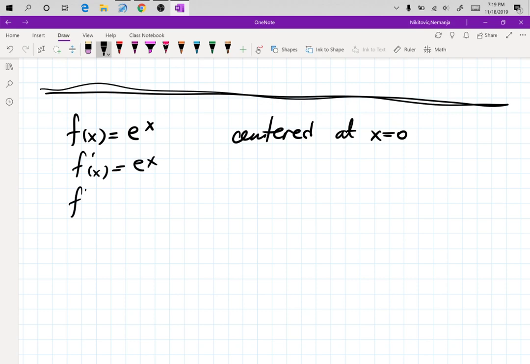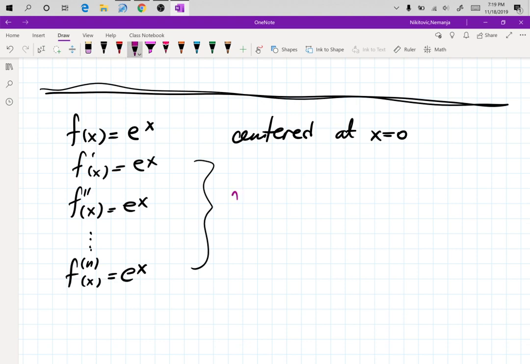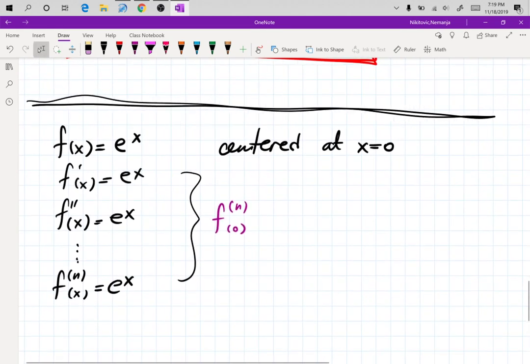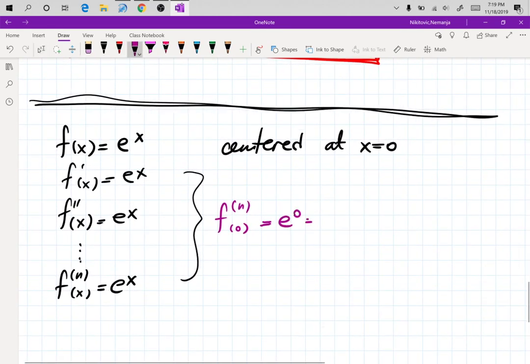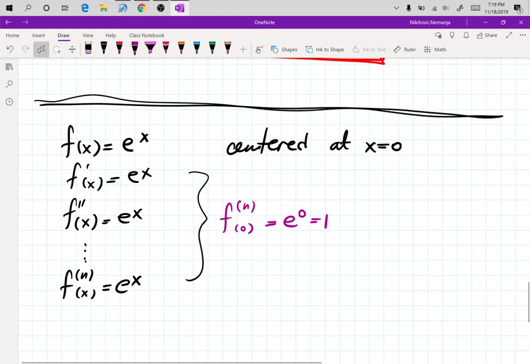And how about the second derivative of e to the x? And how about all derivatives of e to the x? e to the x, right? So all of the derivatives computed at 0 are just going to be e to the 0, which is 1. Awesome.